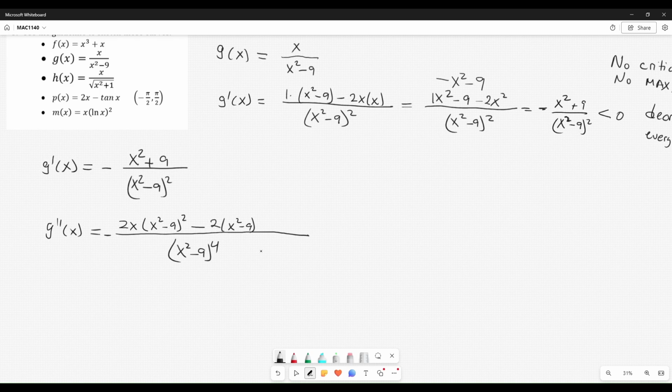You apply the chain rule. The derivative of this is 2x, times x squared plus 9. Something like that.